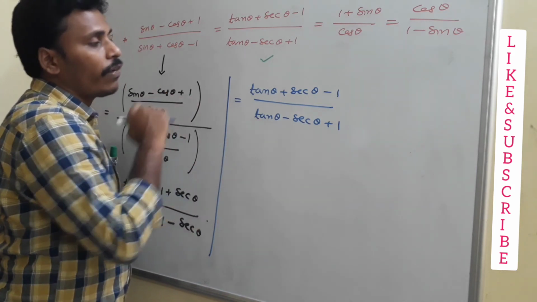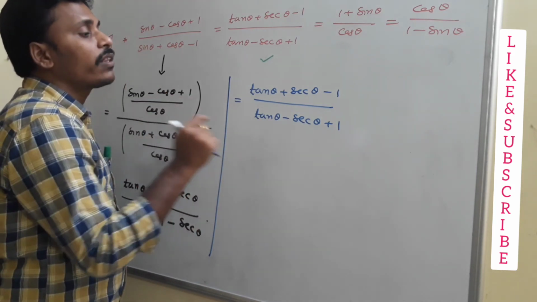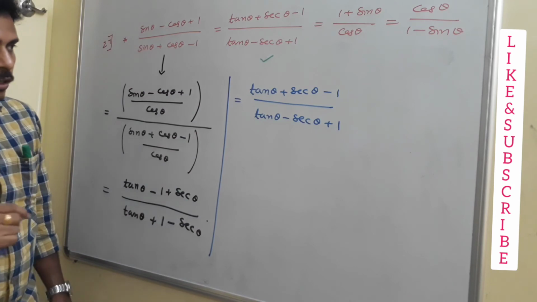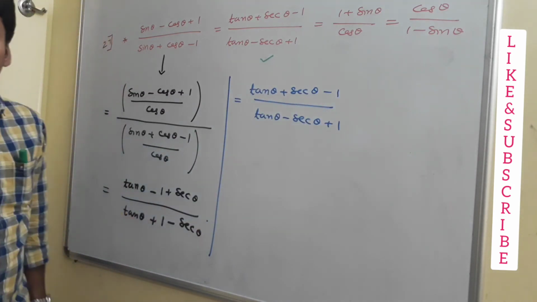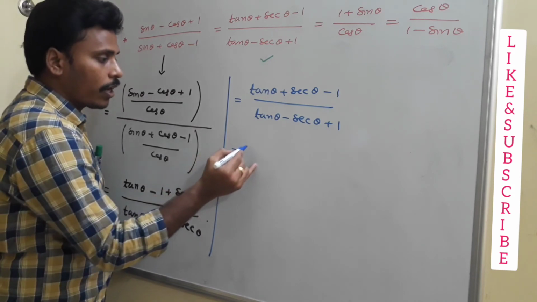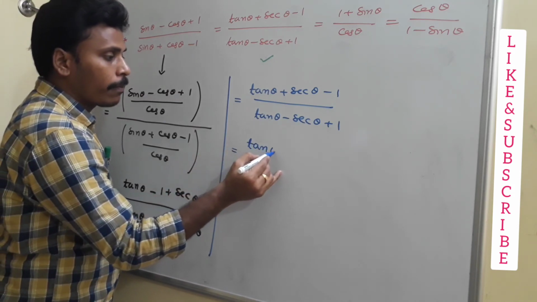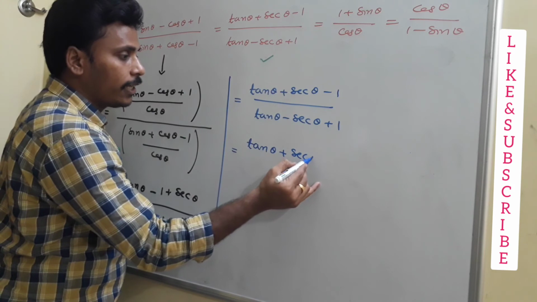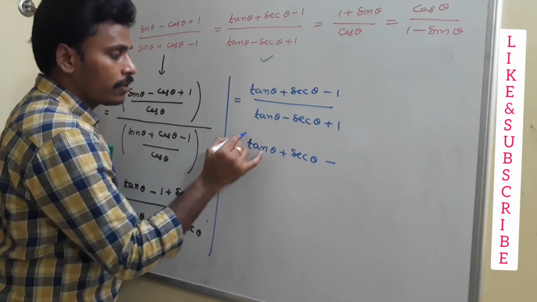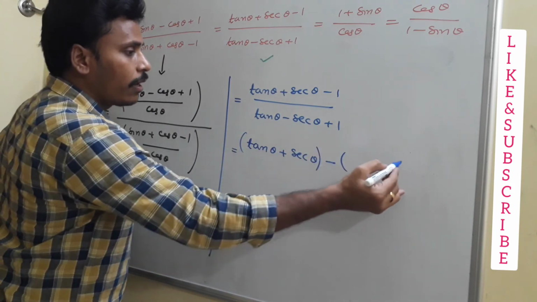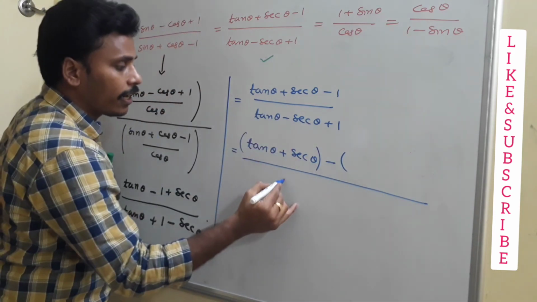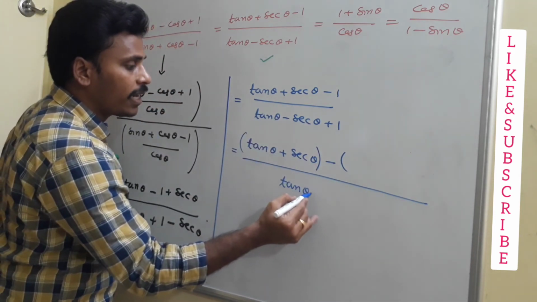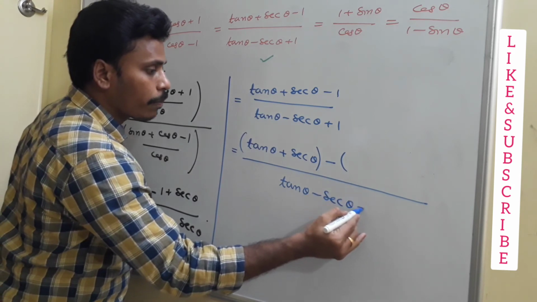See, I need to simplify this. So to simplify this, here I do a magic actually. What I do is, I just replace this 1 with secant square theta minus tan square theta. Look here. Tan theta plus secant theta minus 1, divided by tan theta minus secant theta plus 1.